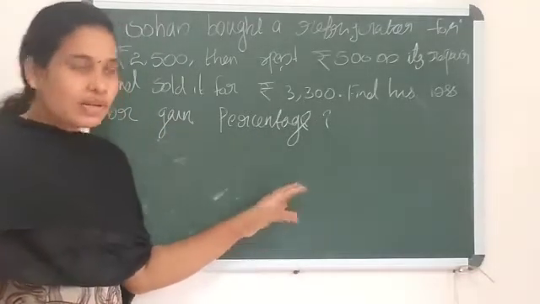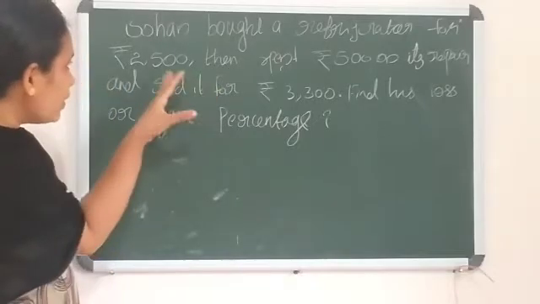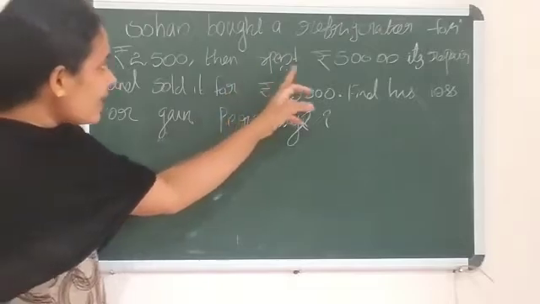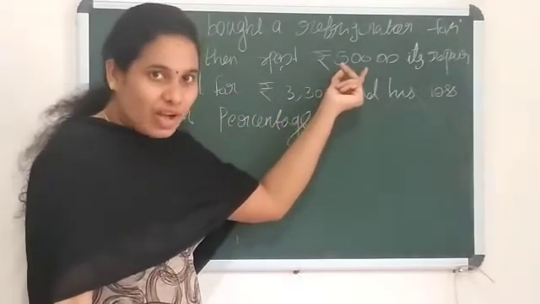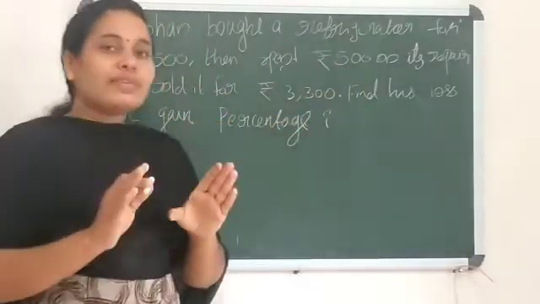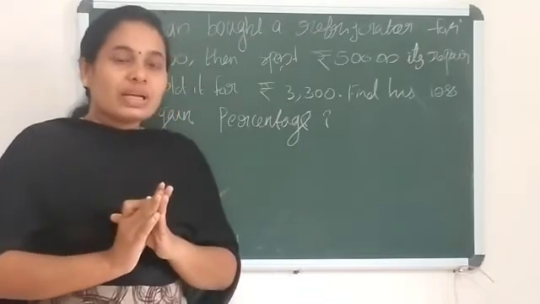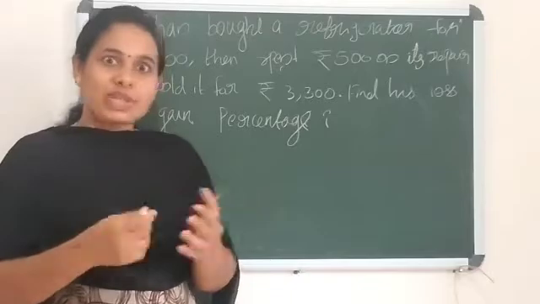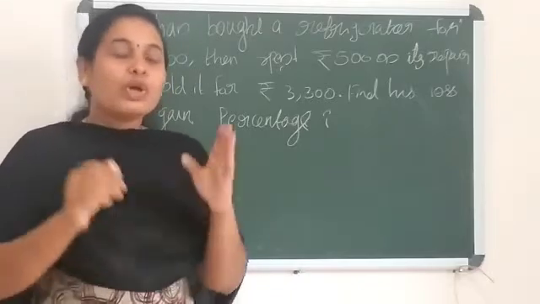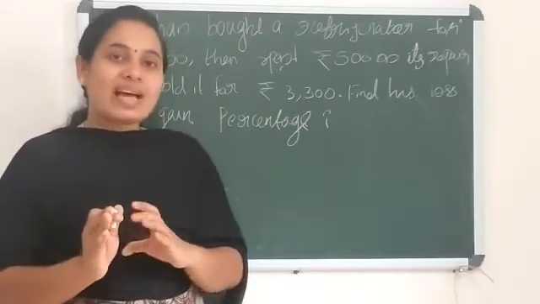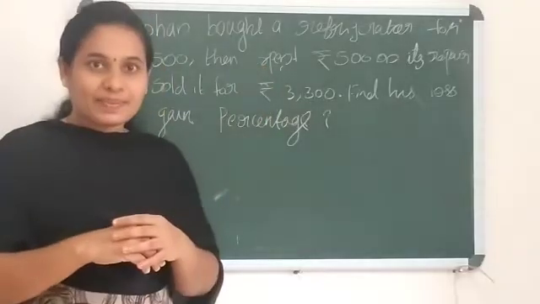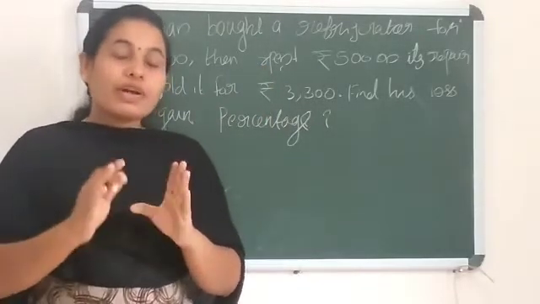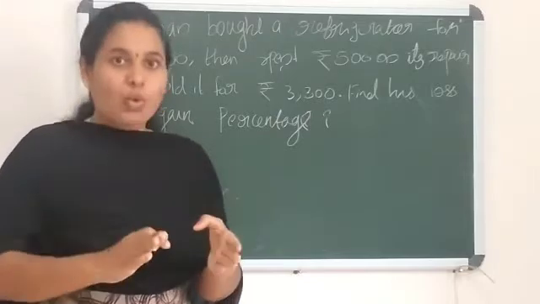First we have the cost price, 2,500, and there is a repair charge of rupees 500. If there is some labor charge or repair charge or transportation charge like that, you want to add this charge together with the cost price.